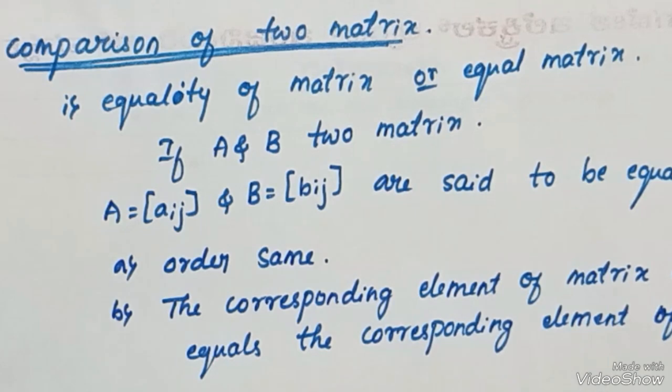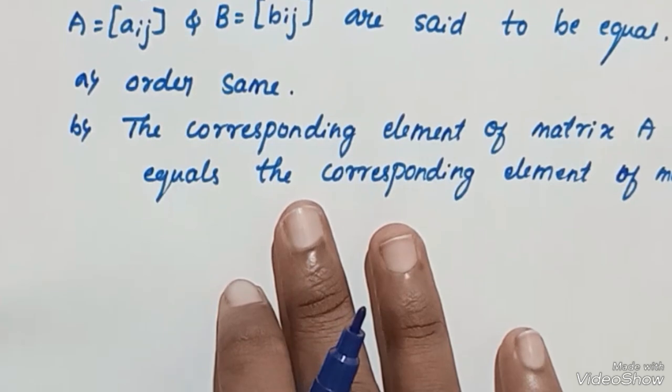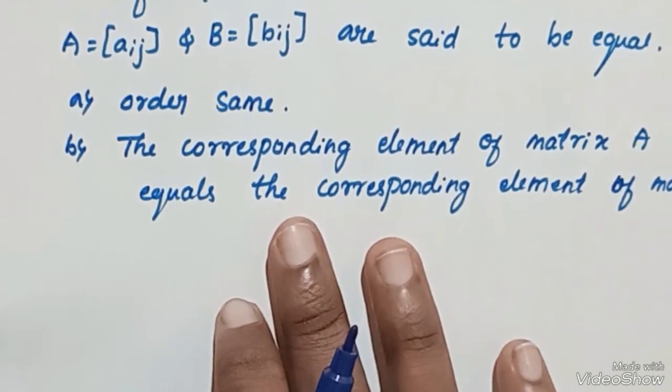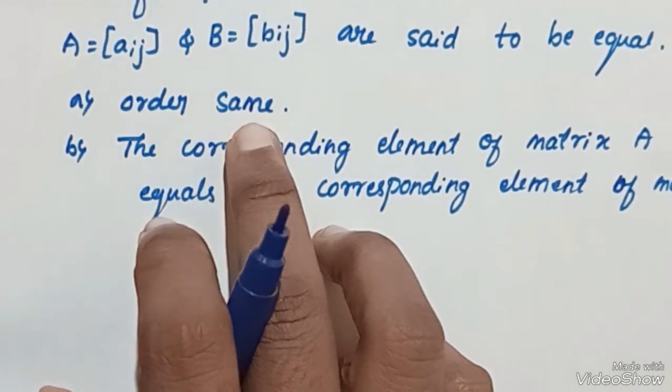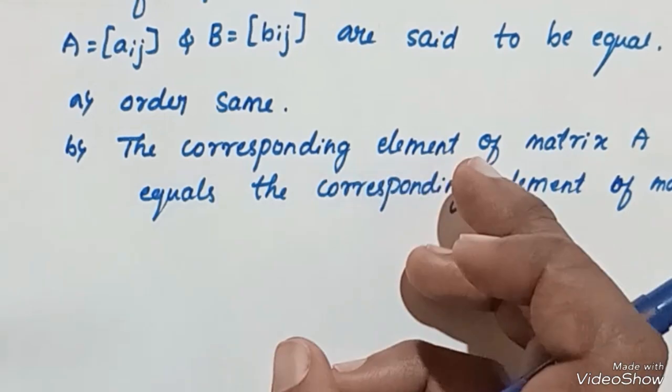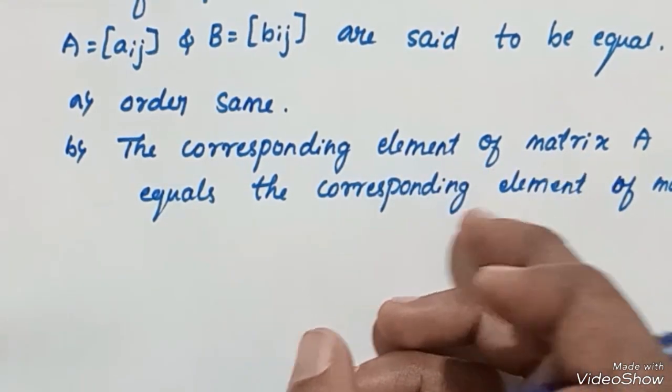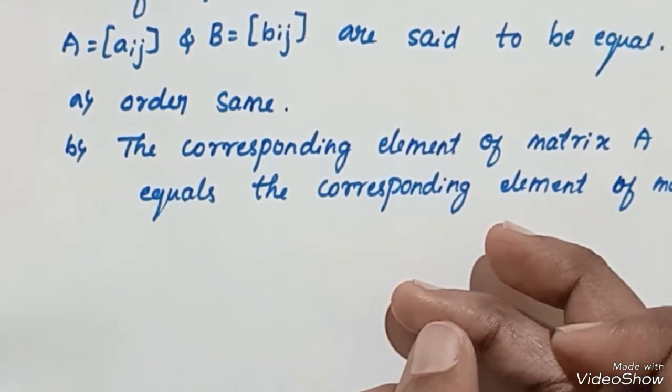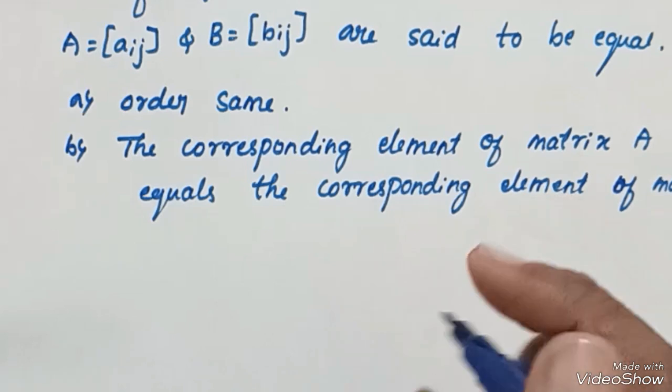There are two conditions when we say two matrices are equal: the order should be the same, and the corresponding elements of matrix A equal the corresponding elements of matrix B.